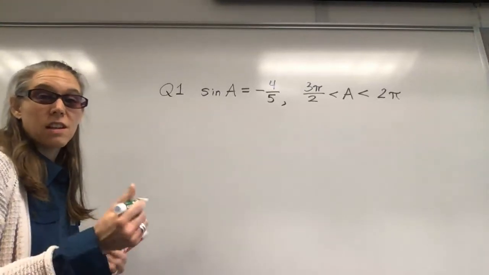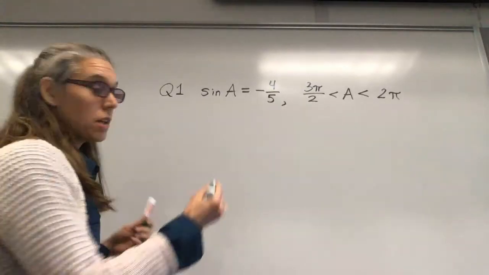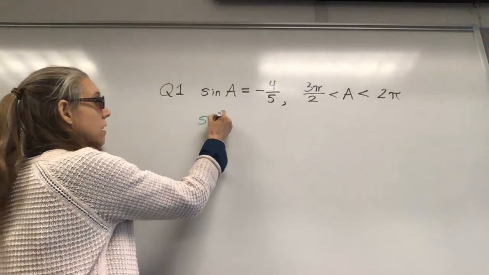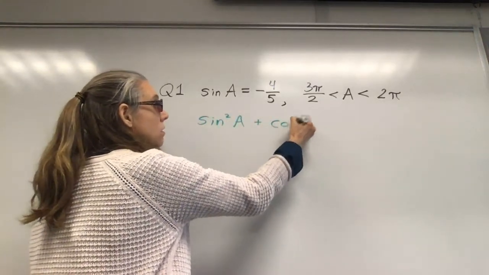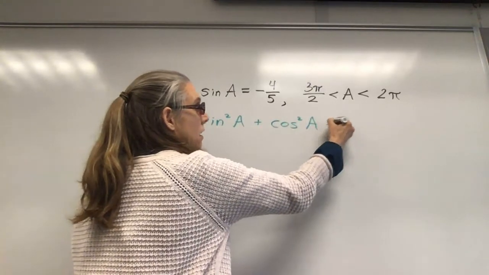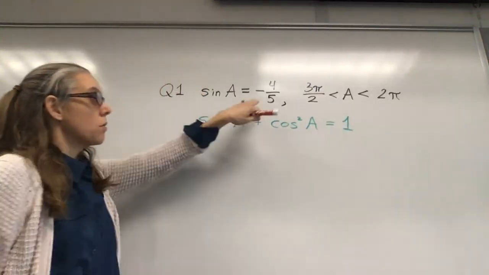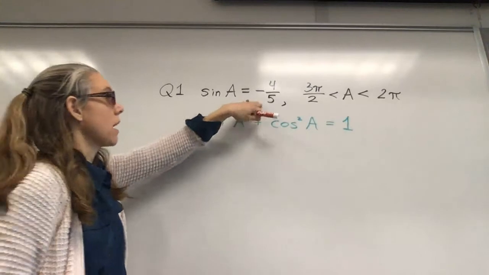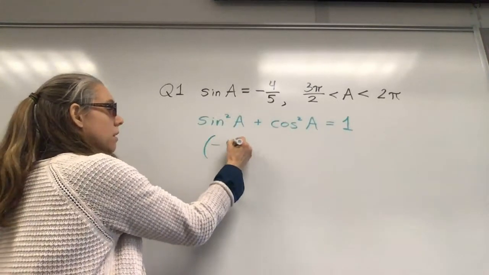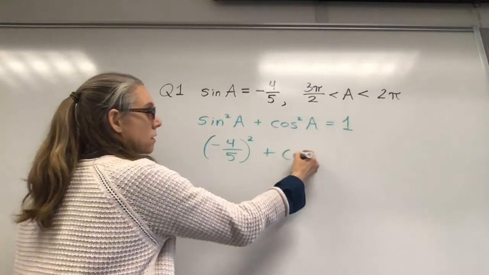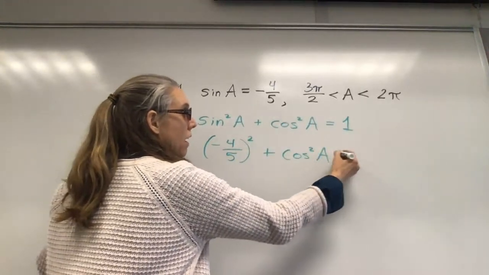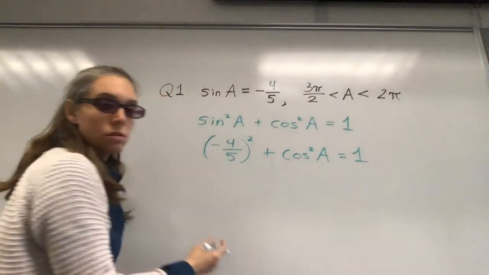So first, the Pythagorean identity that we need is sine squared A plus cosine squared A is equal to 1. We replace sine A with negative 4/5. Negative 4/5 squared plus cosine squared A is equal to 1.